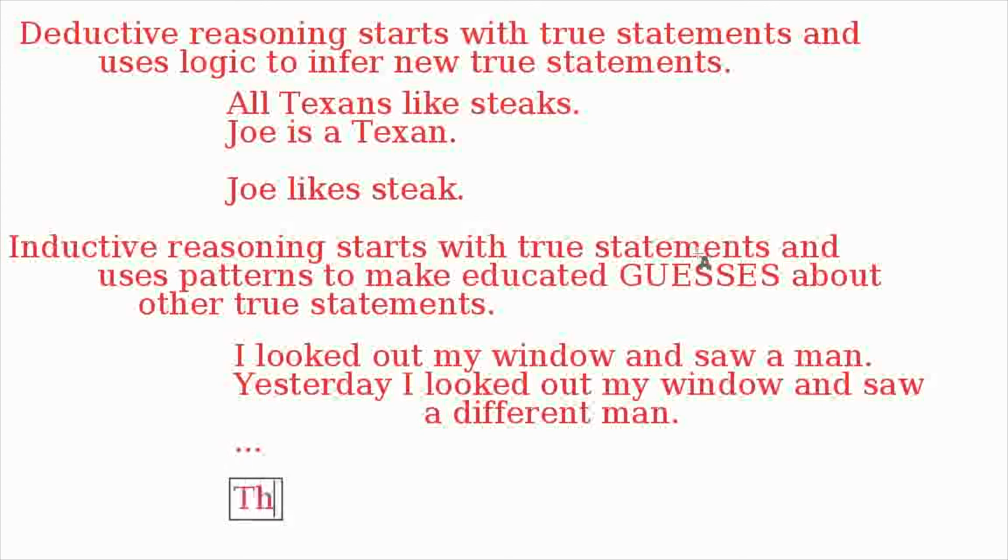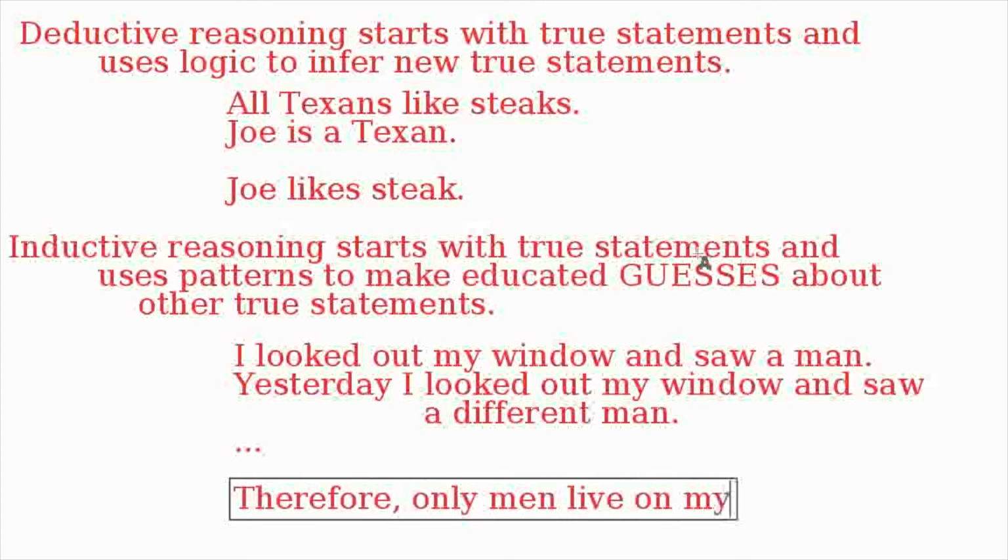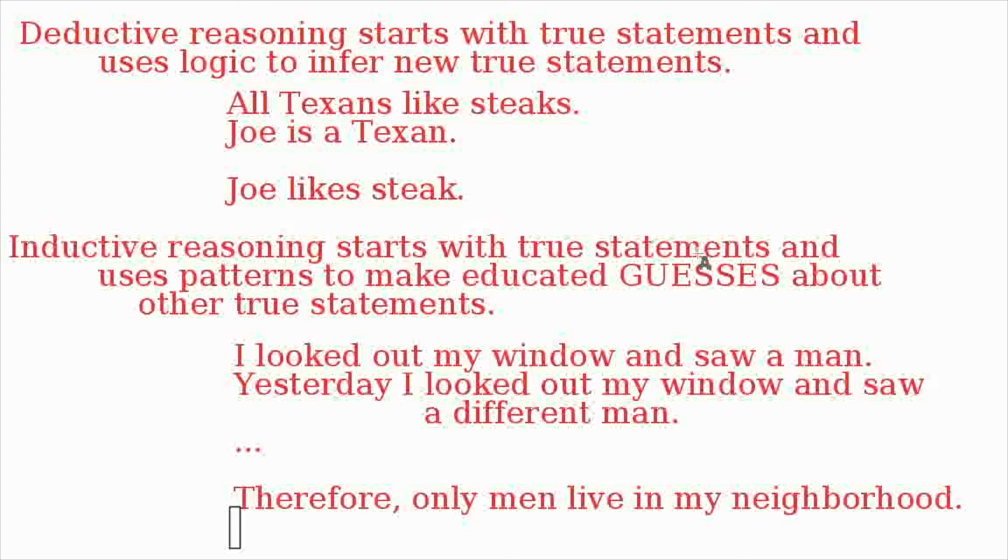Therefore, only men live in my neighborhood. Obviously that's wrong. There was a pattern: I only saw men for the few days that I did this, so I extrapolated that only men live in my neighborhood and I'm only ever going to see men out my window. So inductive reasoning goes from the specific to the general, which can be powerful when it's correct, but it's not guaranteed to be correct.